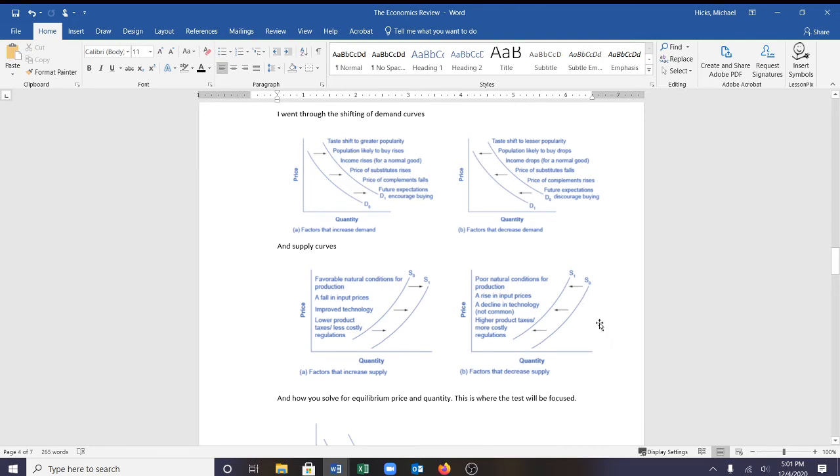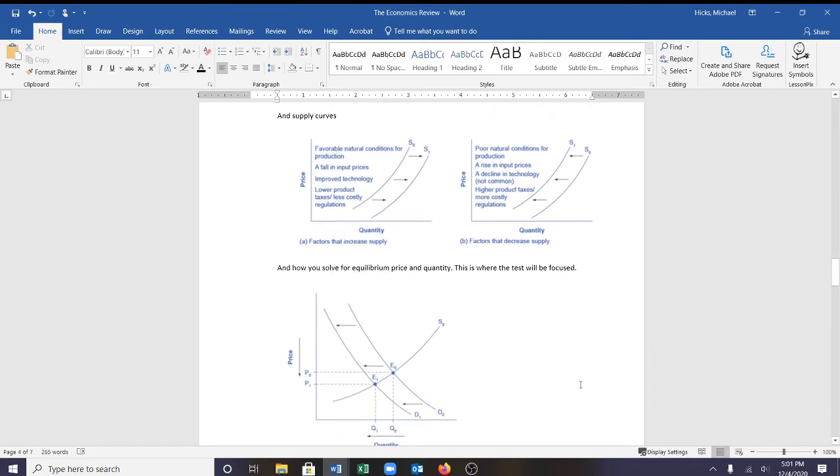At the same time, we have supply curves here. The factors that increase supply would be favorable conditions for production. Lower input prices, better technology, lower taxes or regulation, and more sellers really cause this to be the case. And the reverse is true for a decrease in supply.